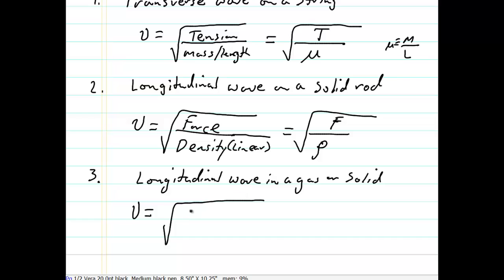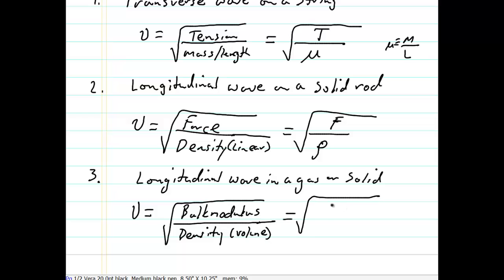In this case, for a longitudinal wave, the force factor is called the bulk modulus, which has the units of a pressure. And on the bottom here, we have again density, but this time it is the volume density. And this is usually written as the square root of beta for the bulk modulus over rho in kilograms per meter cubed for the total density.